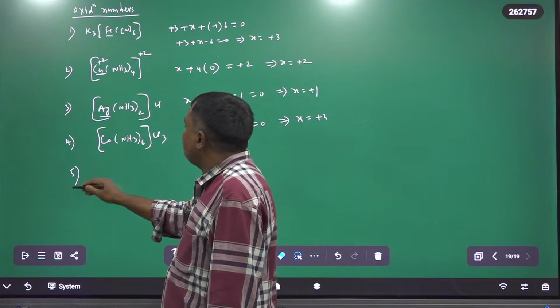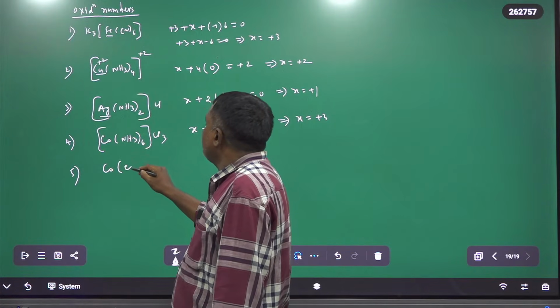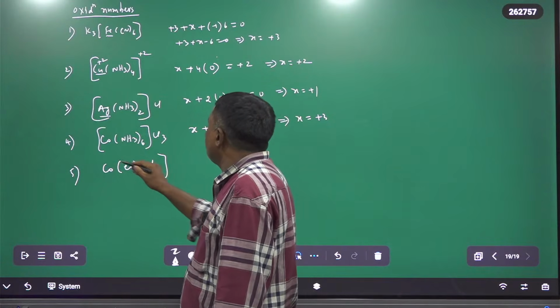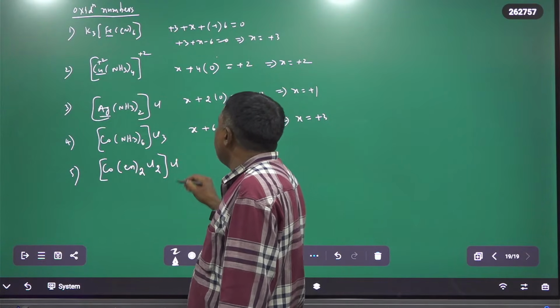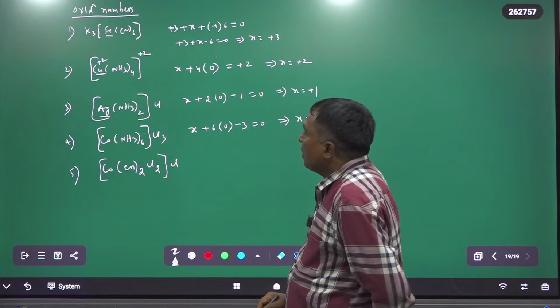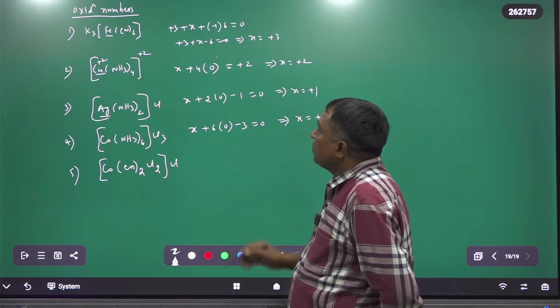Suppose [Co(en)2Cl2]Cl. So this is a complex compound.